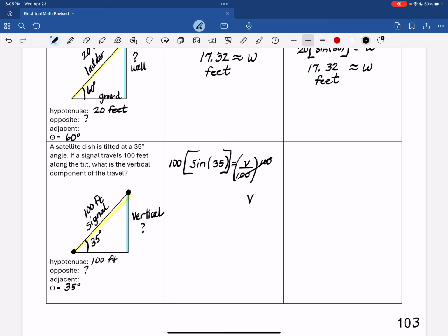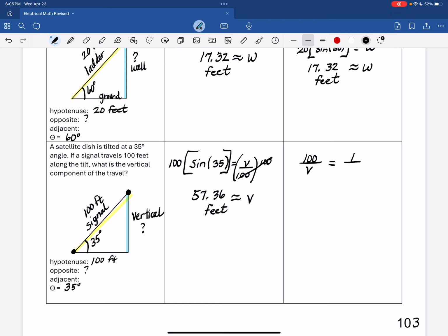So that vertical distance is going to be about 57.36 feet. And then to visualize that with cosecant, I know that cosecant is hypotenuse over opposite. So let's just go ahead and plug in the numbers. We don't know opposite.